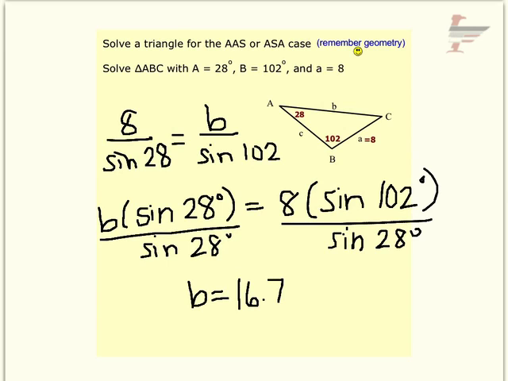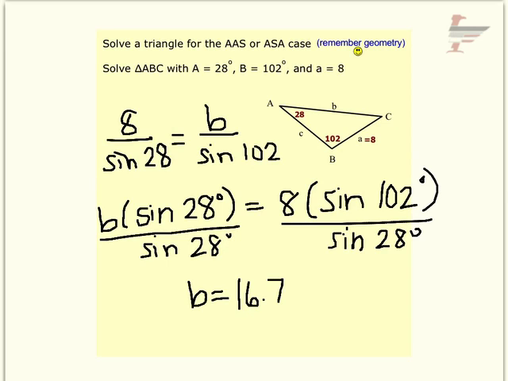And then, of course, you could set this up again, and like I said, I'm not going to finish this one because there are other videos to watch, but once you know side B, you could set up a different trig ratio to find side C. You also knew two angles, so you know that the third angle, of course, because this is a triangle, has to add up to 180.